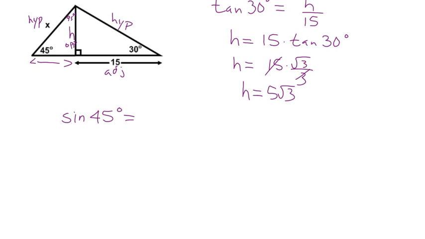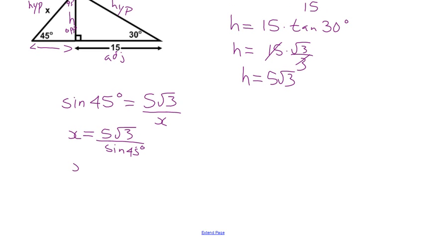Okay, so sine 45 is opposite, so that's 5 root 3 over the hypotenuse, which is x. So x is equal to 5 root 3 over sine 45. Which form of sine 45 am I going to use? I'm going to use the 1 over root 2.